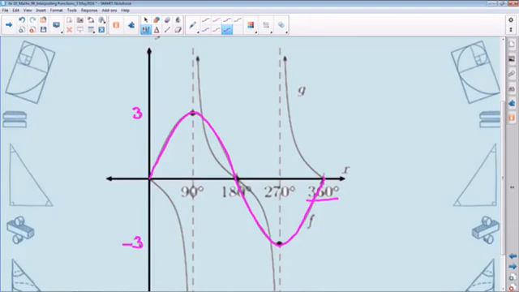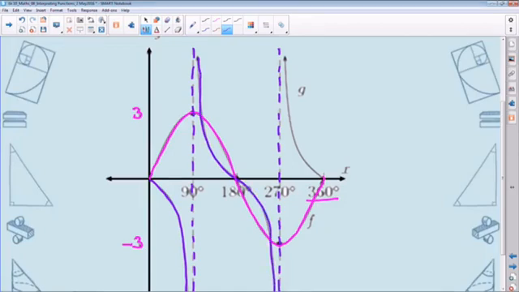And then we have a tan function. How do I know it's a tan function? Well, it has these asymptotes. And these asymptotes are happening every 180 degrees, which makes me think that there's been no change to the period of the tan function. It's still just 180 degrees.